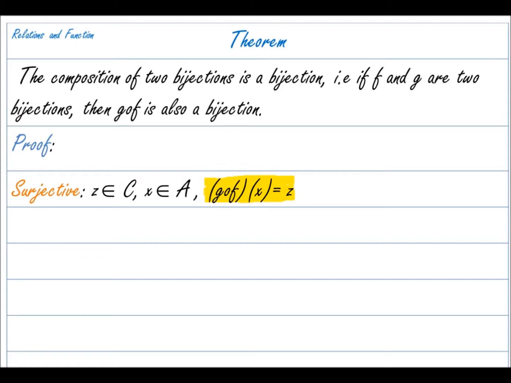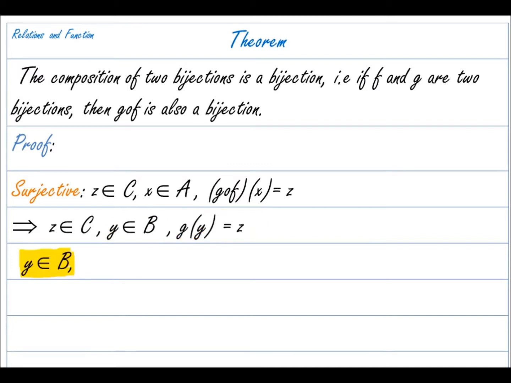Now z belongs to set C and y belongs to set B, then that means g of y is equal to z. Now y belongs to set B and x belongs to set A, and if x belongs to set A, then f of x is equal to y, because f is a bijection and every bijection is surjective.